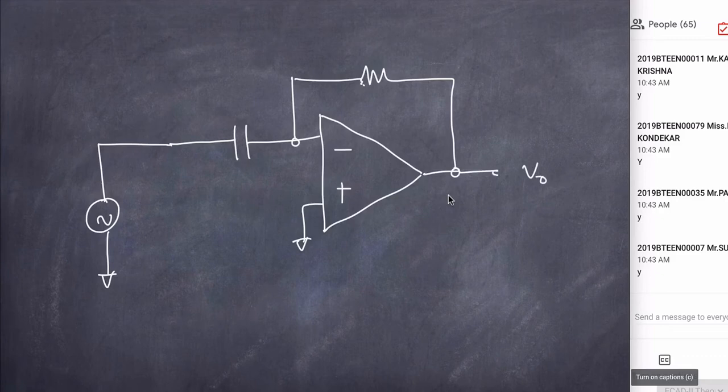This is the output. Now let us look at this particular point. It is 0 volt. So the capacitor is in fact virtually in parallel with the signal source. Yes or no?